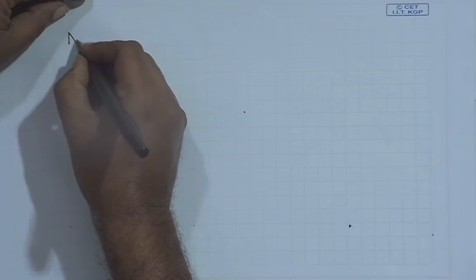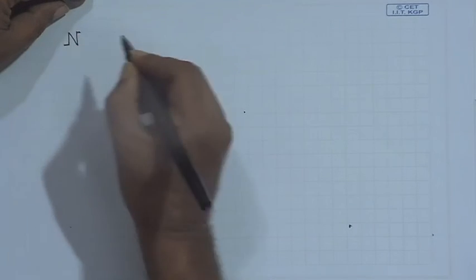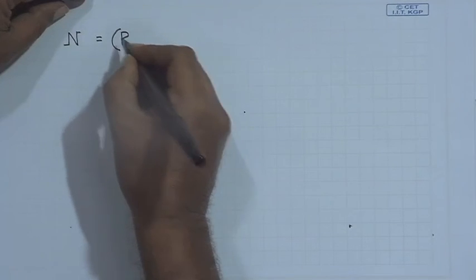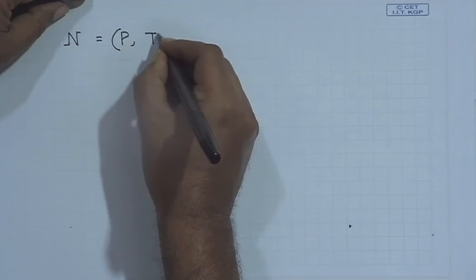A Petri net, I am telling you very informally. A Petri net is a net consisting of places and transitions.